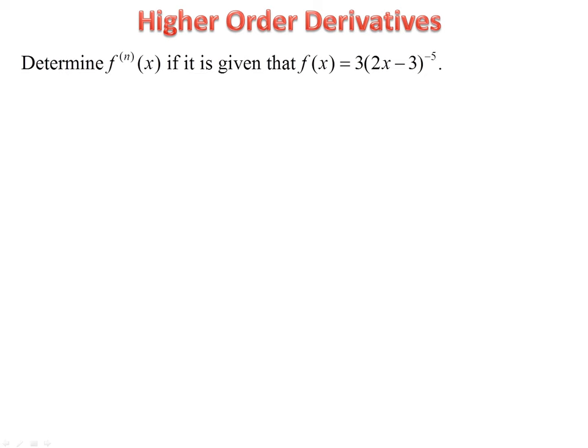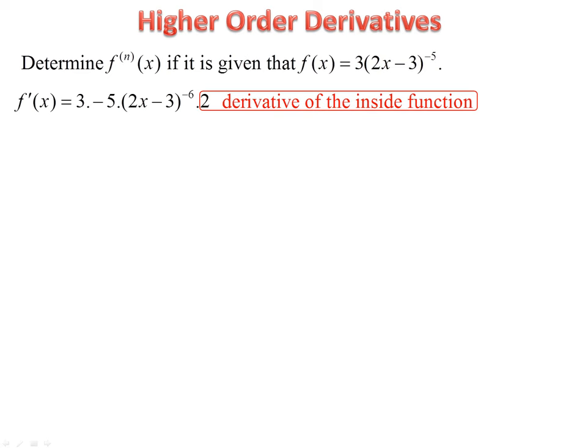Notice this one we're going to have to differentiate by chain rule, because we have a function g of x equals 2x minus 3 inside a function which is 3u to the -5. So every time we have to differentiate the outside function and we have to differentiate the inside function.